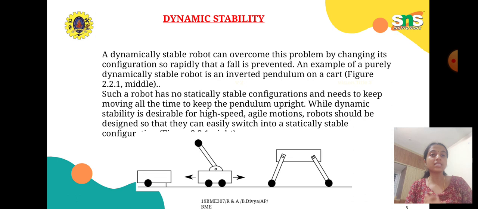While dynamic stability is desirable for high speed, agile motions, robots should be designed so that they can easily switch into a statically stable configuration. The stability of the robot should be designed in such a way that high speed, agile motion is very good, and the robot can easily adapt to statically stable configurations also.